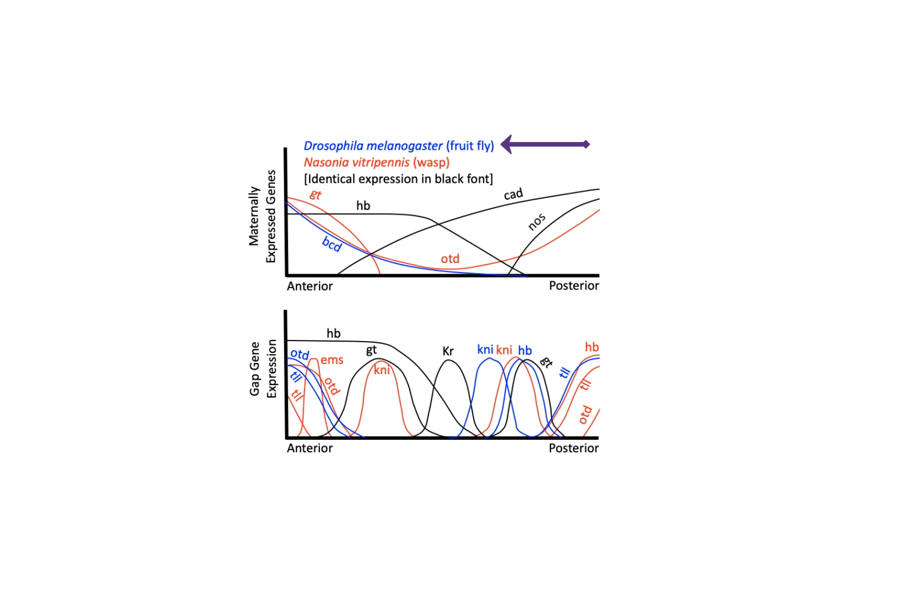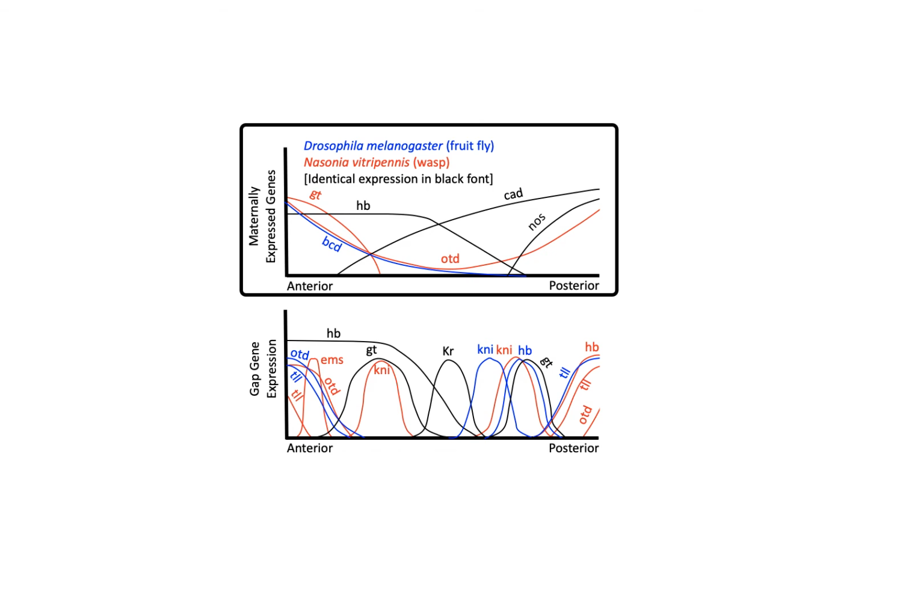So the blue lines up above are unique patterns for fruit fly, and then the red lines are unique patterns for wasp, and then the black lines are the same for both of them. So this is just in the egg, the oocyte. You can see there's already a difference. Some of the gene products are the same.